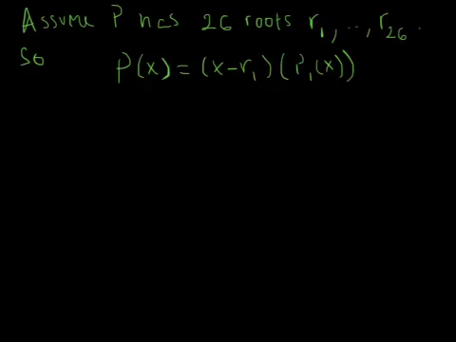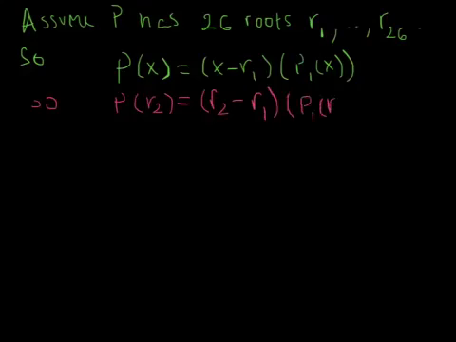And so now we think about what will happen if we plug in the next root. What's going to happen to my function? So if I plug in r sub 2, well, now I have r sub 2 minus r sub 1 times p sub 1 of r sub 2.